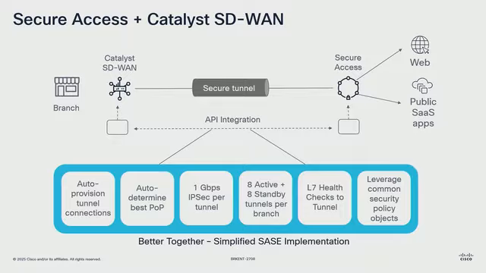Yes, sir? Why is there a 1 gig limit on the secure access side? The reason we do that is because even though the infrastructure is unique per customer, we call it a shard, in the data center node, we have a fixed amount of, I think it's 40 gigs per shard, a fixed amount of bandwidth coming in, and we need a predictable way to know what the max bandwidth a given customer will be using.